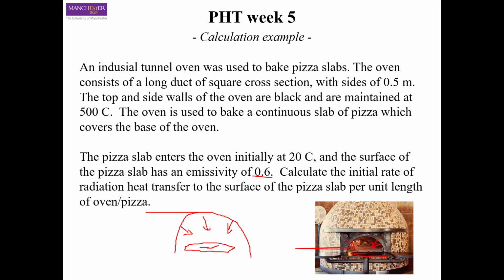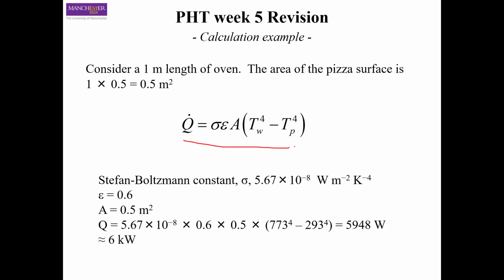So we can use this equation here, where Q dot, the rate of heat transfer, is equal to sigma, the Boltzmann constant, times epsilon, the emissivity of the pizza slab, times A, the surface area of the pizza slab, because the heat is coming from the oven to the pizza slab.